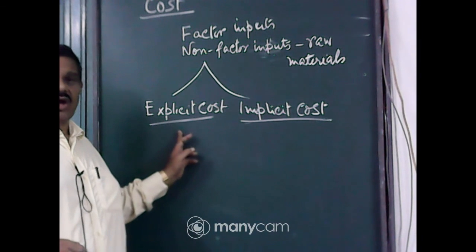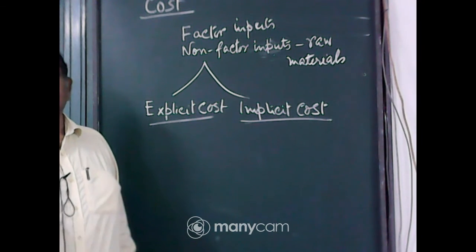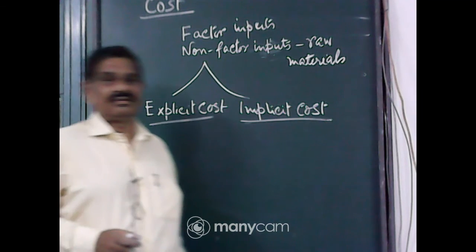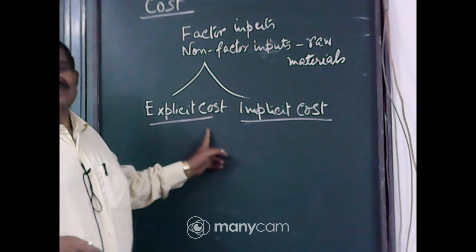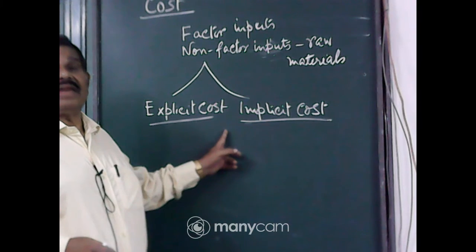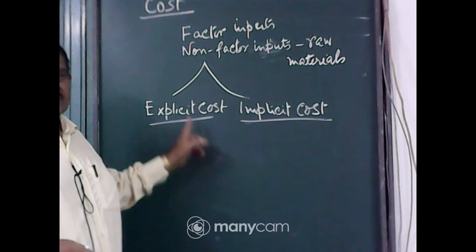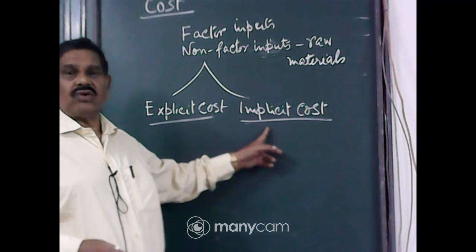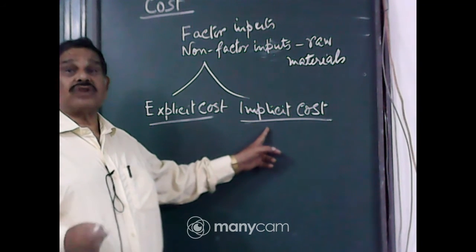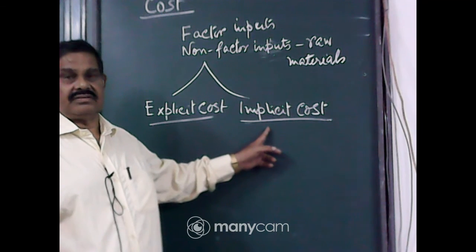The explicit cost is the cost which is required in the process of production from external owners of assets like land. So it is the cost which the producers have to incur. And implicit cost is the cost of self-owned factors of production.